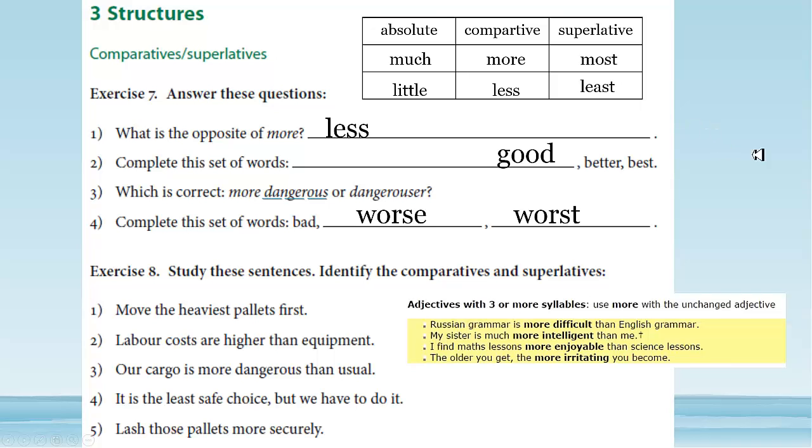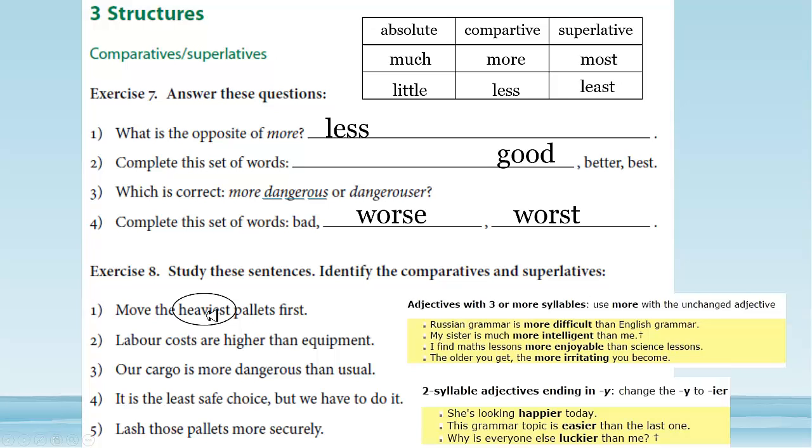Okay, let's study these sentences. Identify the comparatives and superlatives. Well, the first sentence: move the heaviest pallets first. And you need to really focus on this, heavy, right? Because heavy is spelt with a Y at the end. And 2 syllables, heavy, adjectives ending in Y. You have to change the Y, take it away, and put I-E-R.